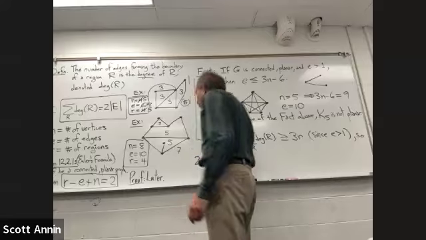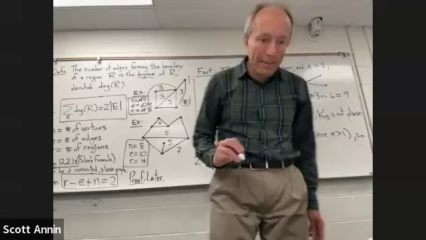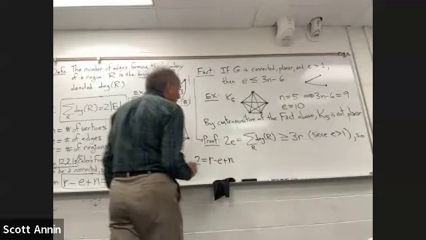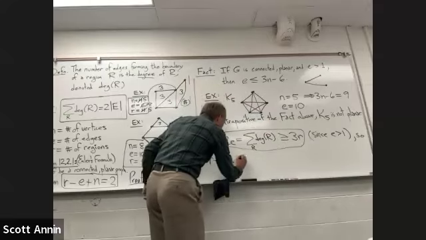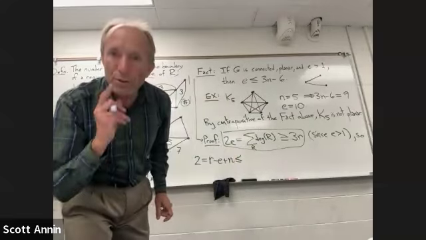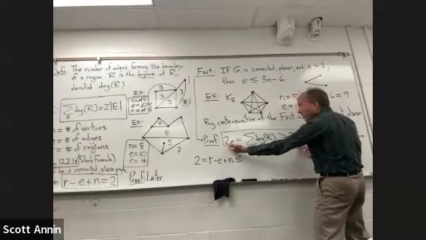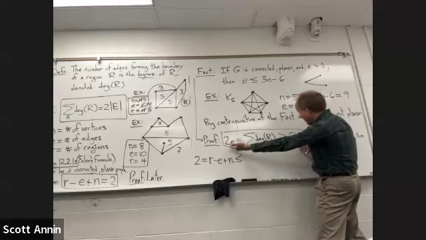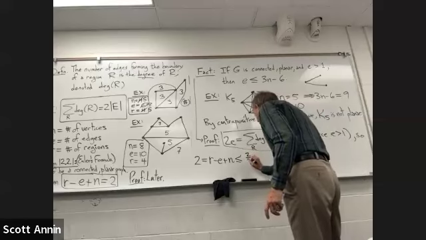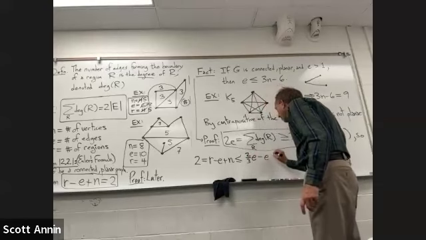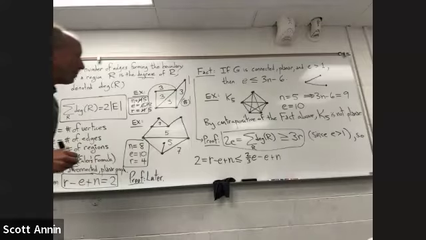Let me start with 2. 2 is equal to R minus E plus N. And you can see from this little equation here, guys, that R is less than or equal to 2/3 of E. Do you see that? If I divide by 3, I'll have R less than or equal to 2/3 of E. What I'm doing is getting rid of the R from my formula right now.